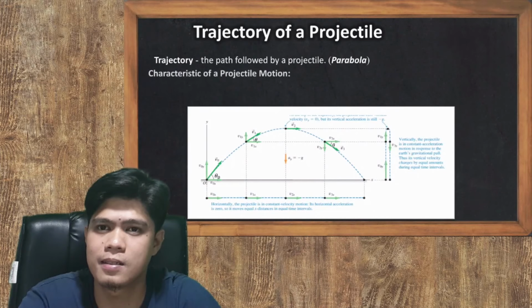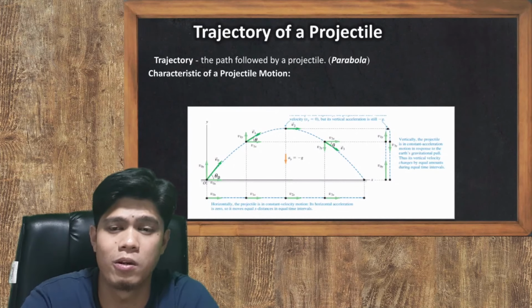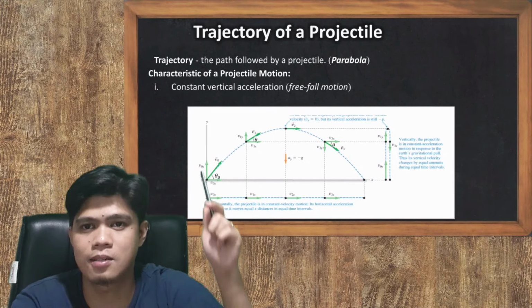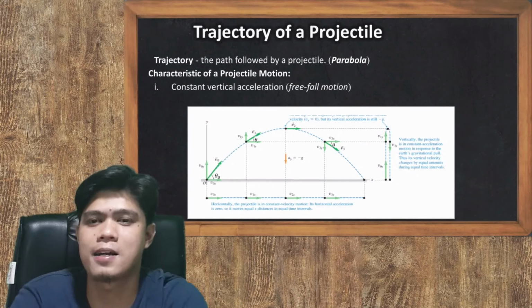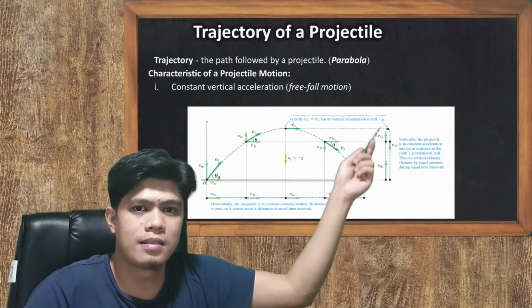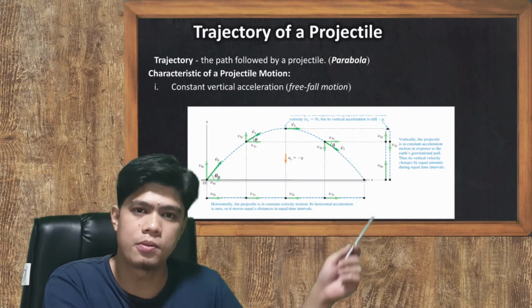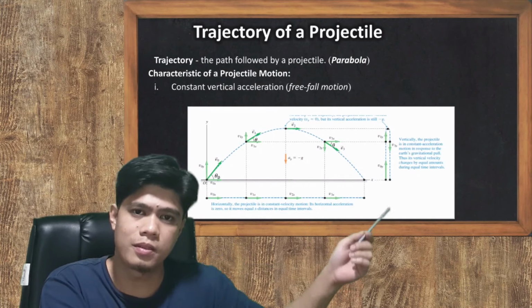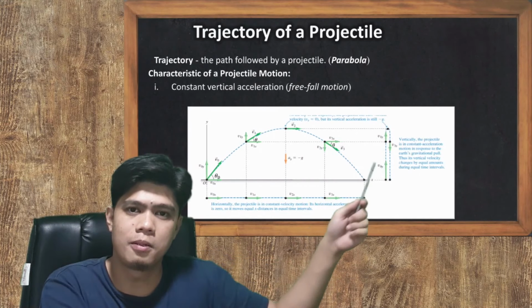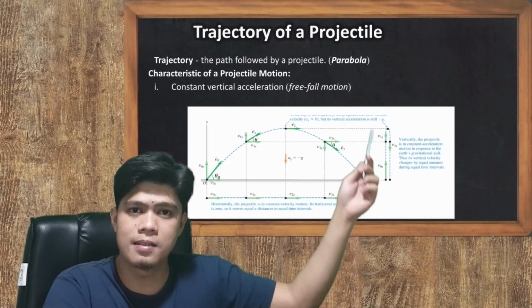So what are the characteristics of a projectile motion? One of the characteristics is that it has a constant vertical acceleration, or free fall. So this is an example of a free fall, constant acceleration. Throwing a ball upward or downward or dropping a ball is a free fall, and it has a constant vertical acceleration.